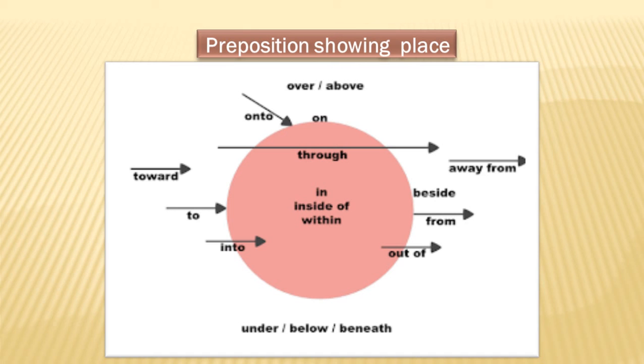Inside, within, it regards inside a boundary, in a premise, in a school, in Dhaka, in Bangladesh. Inside or within, the same meaning. Beside means beside. You can see beside is used: he sat beside me. Into, something is entering the object, that is called into.